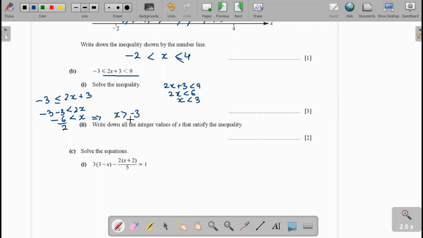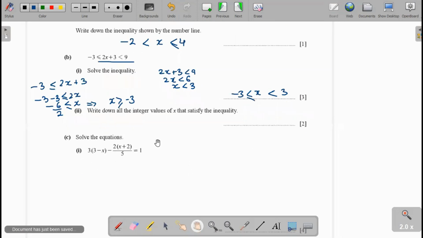Now you can write this inequality as x: firstly write the minimum value minus 3, the maximum value is 3, and x is greater than minus 3 and less than 3. What you see here is like less than or equal to. Now we write it as well. So therefore x is greater than or equal to minus 3 and less than 3.